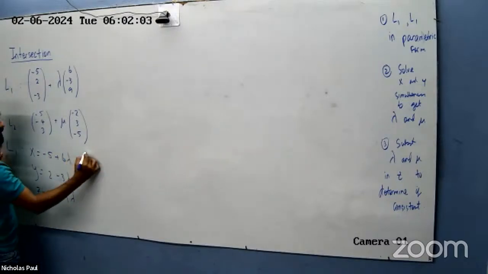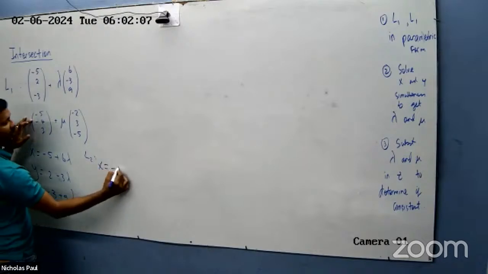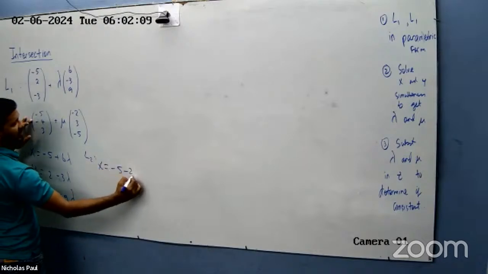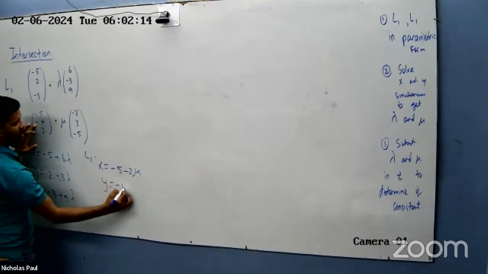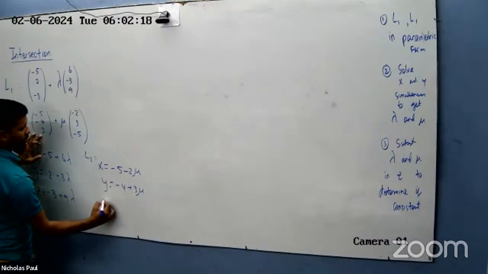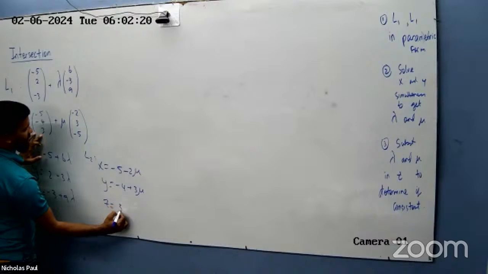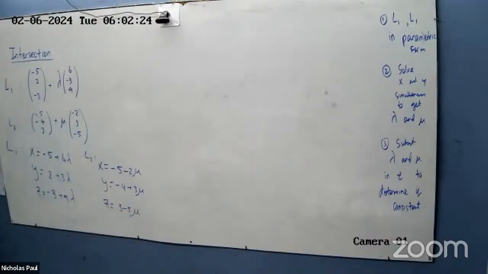Do the same thing for L2. X is equal to minus 5 minus 2 mu. Y is equal to minus 4 plus 3 mu. And z is equal to 3 minus 5 mu.